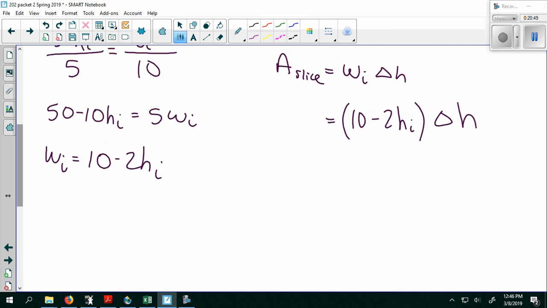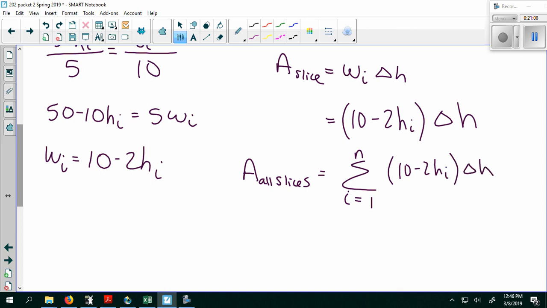I'm going to add a bunch of these slices up, n of them. So the area of all slices is the sum from i equals 1 to n. I'm going to add up n slices, each of which has area 10 minus 2h_i times delta h.